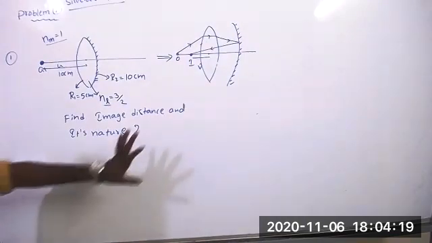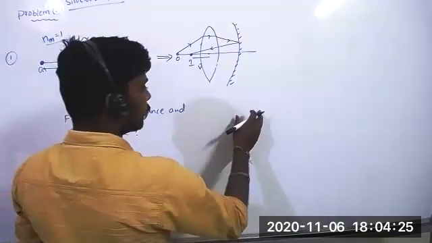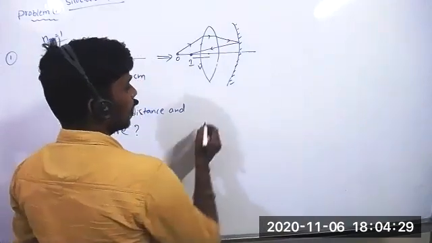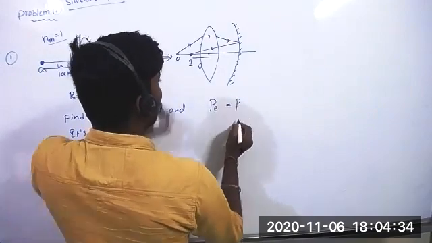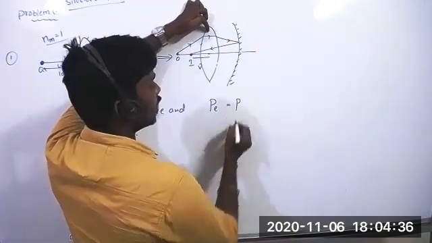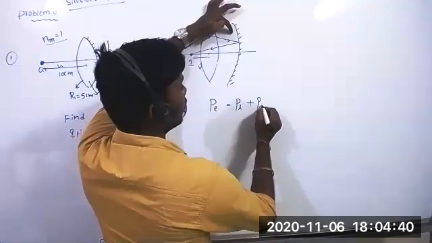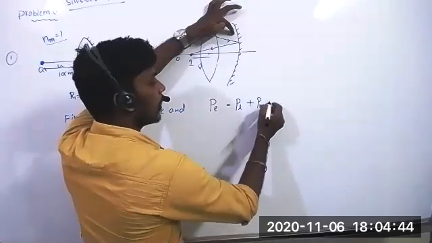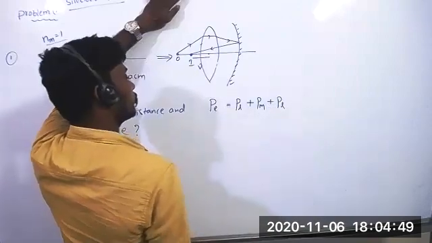Look at this. Now, what is the first step that we have to do? We have to calculate the equivalent focal length F. To calculate F equivalent, first I will write P equivalent equals, first light is passing through the lens, so PL, plus after it will touch the mirror, so power of mirror. Again it comes back to the lens, so power of lens.